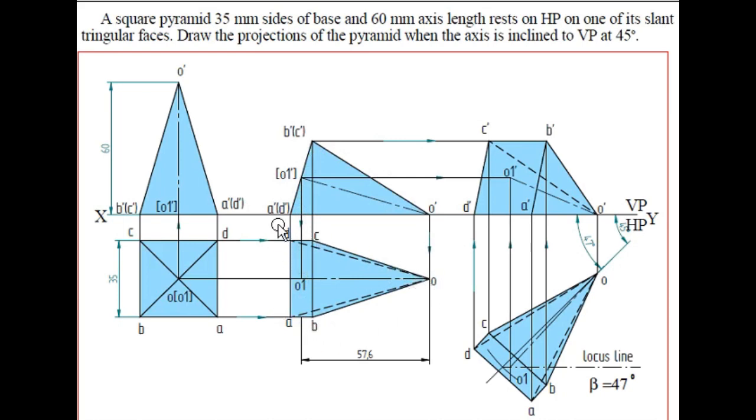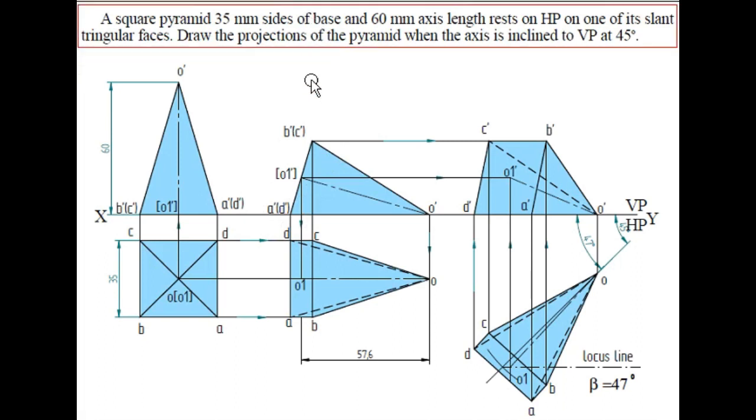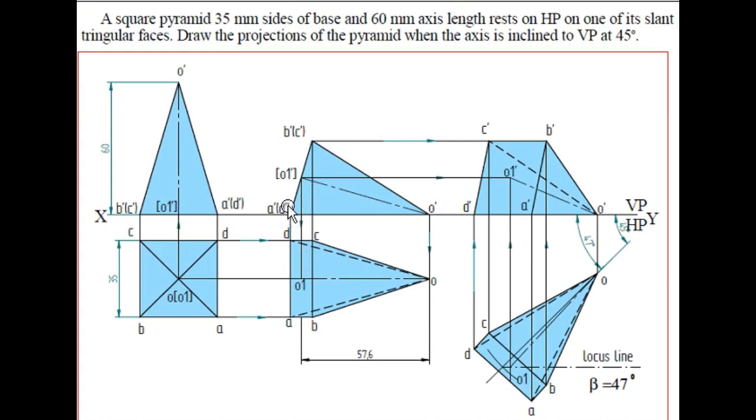Now, to identify the hidden line: how to identify the hidden line? A dash and D dash are the points which are far away from the observer, right? So whatever line is joined from A and D will be a hidden line.